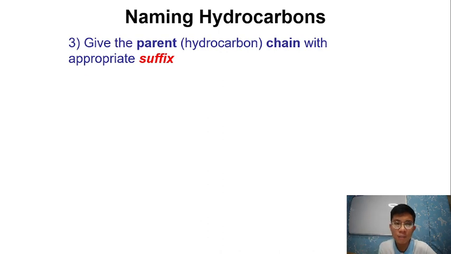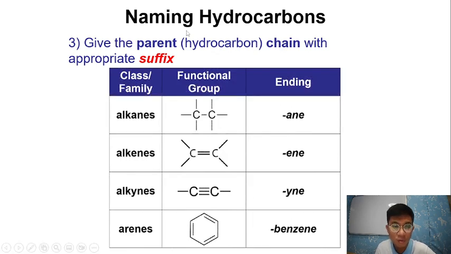Naalala niyo pa ba yung ating suffix ng ating apat na hydrocarbons? Yung alkane, alkene, alkyne, and aromatics or arene. Yung madali dito, yung first three. Yung ending is just ane for alkanes, yung mga single bonds.